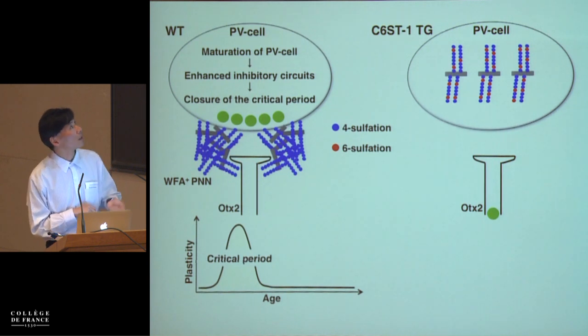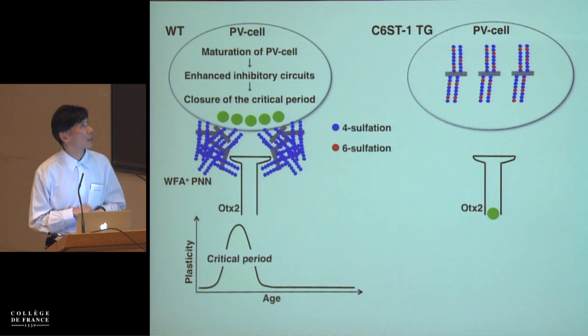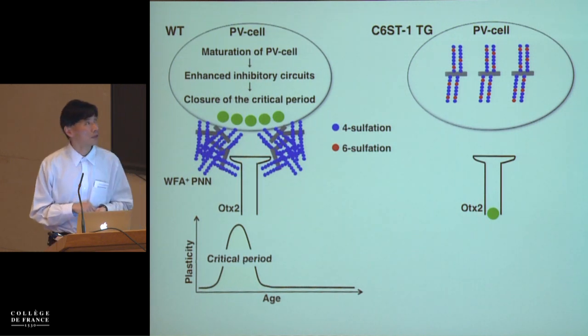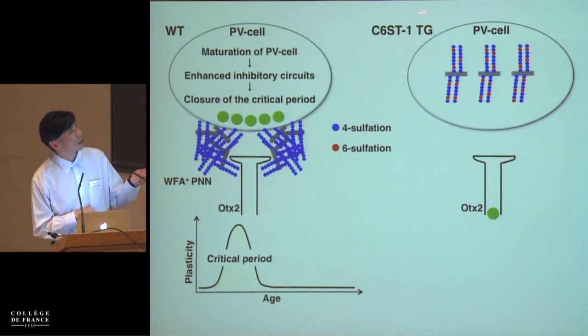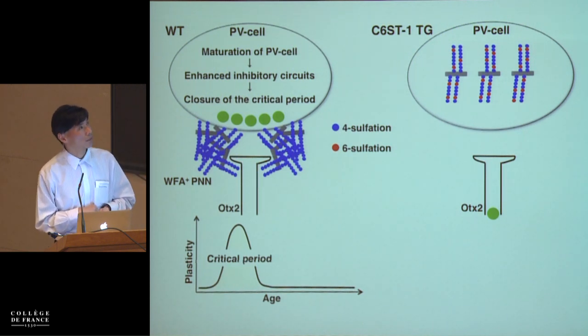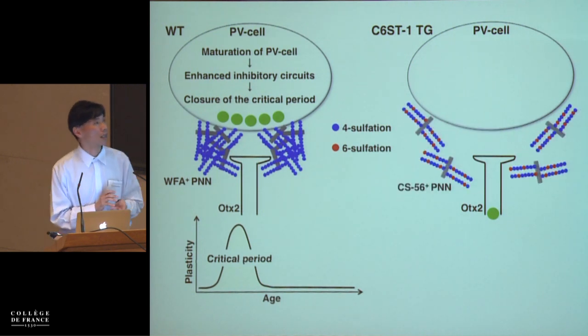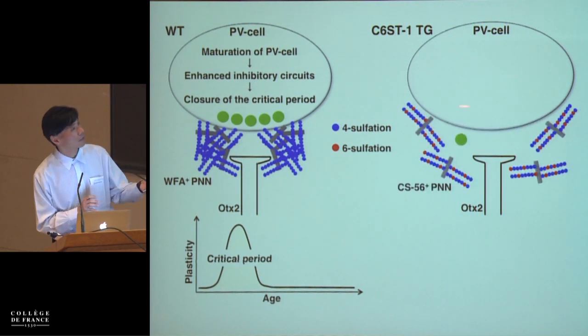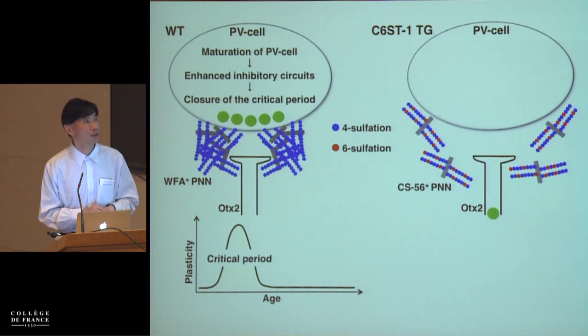This leads to maturation of PB cells and enhances the inhibitory circuits, which are required for the closure of the critical period. In contrast, in the C6ST1 transgenic mice, some PB cells were surrounded by CS56 perineuronal nets rich in 6-sulfation.